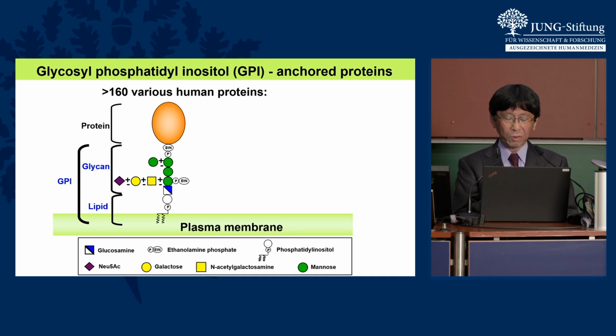The core of the glycan is conserved among all the GPI-anchor proteins, consisting of the glucosamine, 3 mannoses, and the 2 ethanolamine phosphates. The amino group of the terminal ethanolamine is linked to the carboxy terminus by the amide bond, so it's covalently linked to the protein.